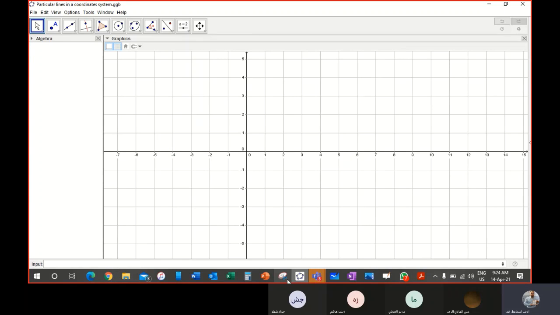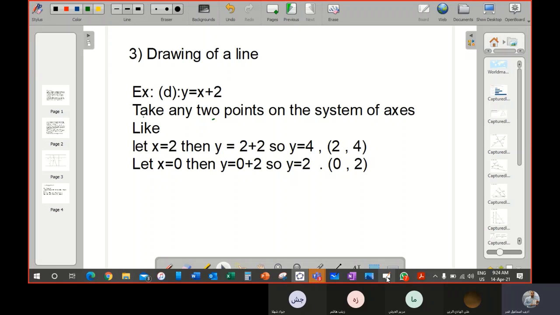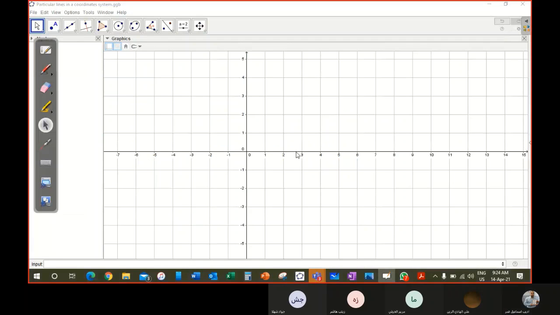So we have 2 points now. What are these 2 points? 2, 4 is the first point, named A, and 0, 2 is the second point. These are the 2 points that came from substituting in the line.